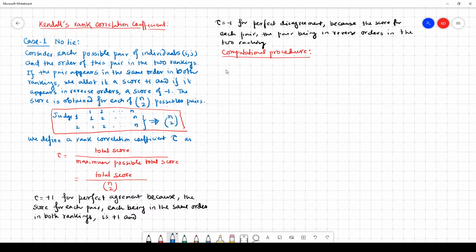Okay, so step one: ranking in one series is in the natural order, that is 1, 2, up to n.